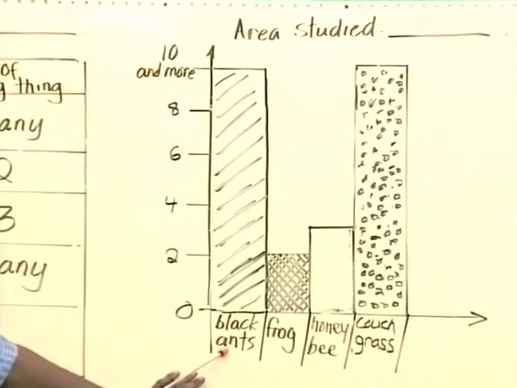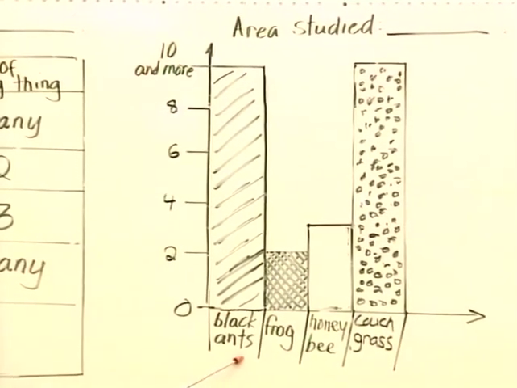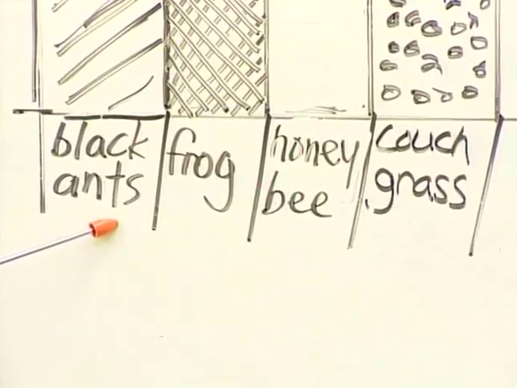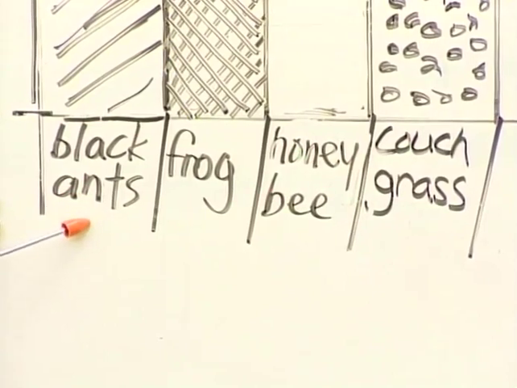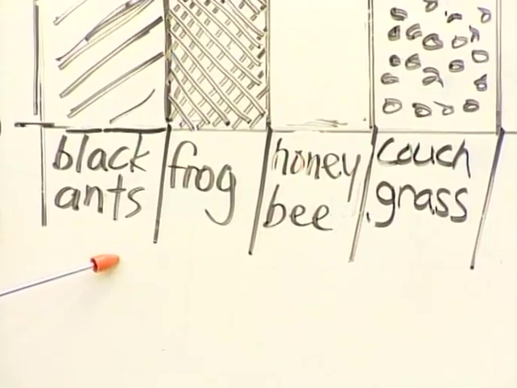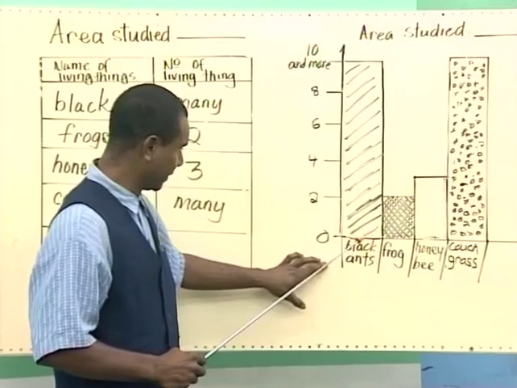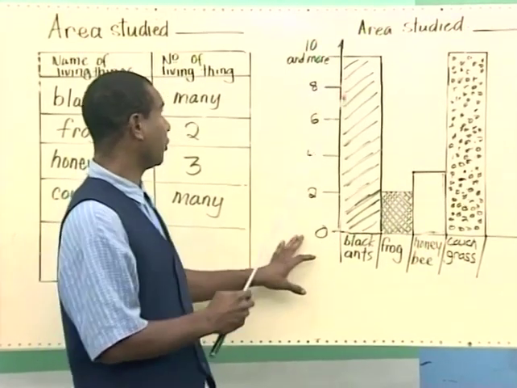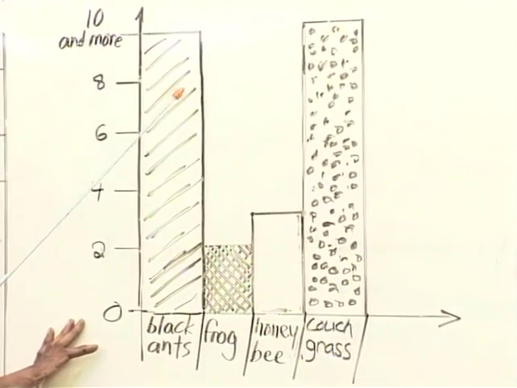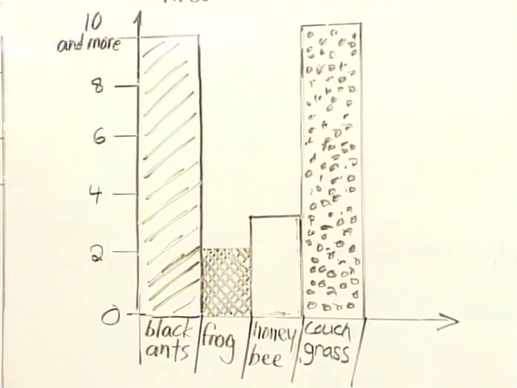On this table, we have the 4 living things that we identified. Black ants is first on the table and first on the column graph. There were many ants, more than 10, so on the column graph it is drawn up to 10, and the scale reads 10 and more. Which means that black ants were more numerous when the area was studied.